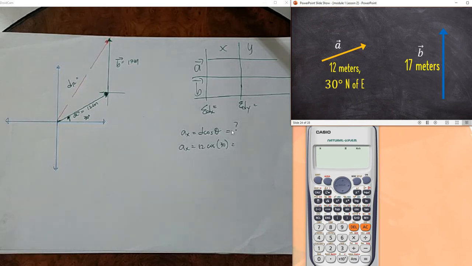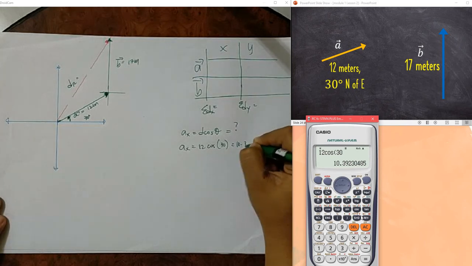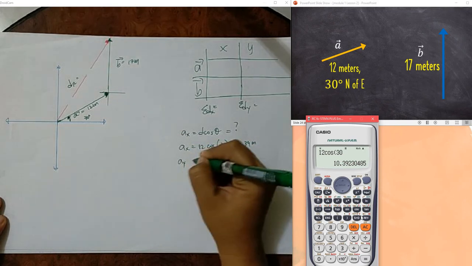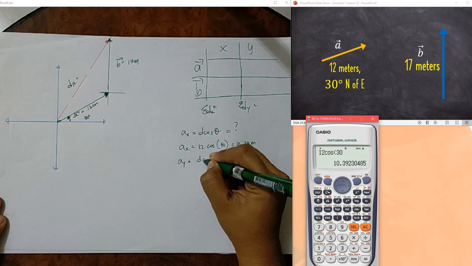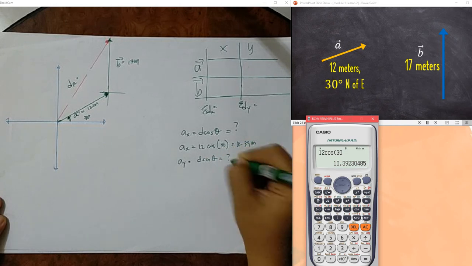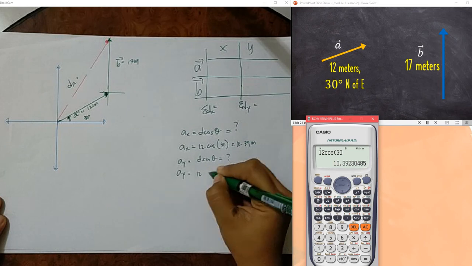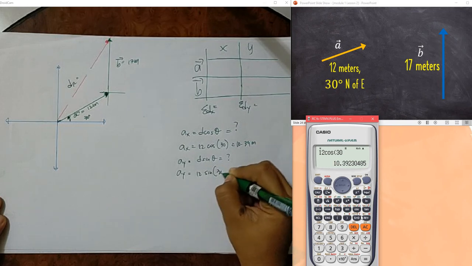So let me use the calculator. 12 cosine 30, that is equal to 10.39 meters. So A sub y, we have d sine theta equals question mark. So A sub y is equal to 12 sine 30.